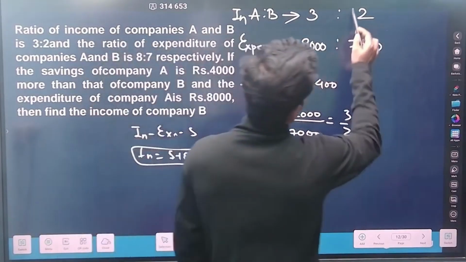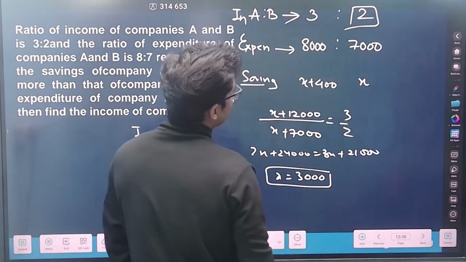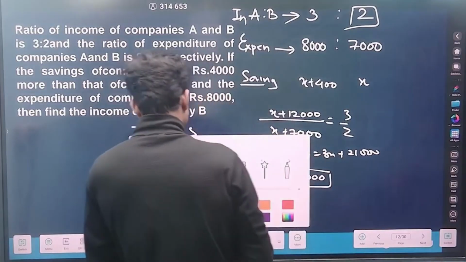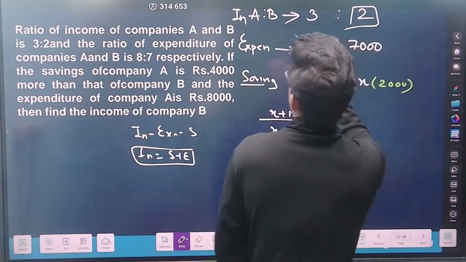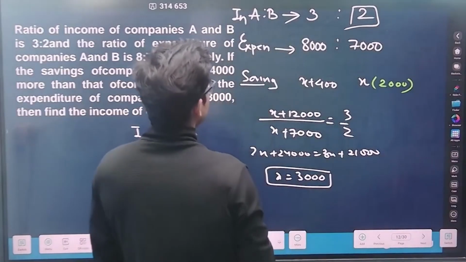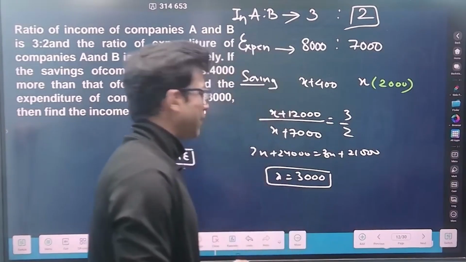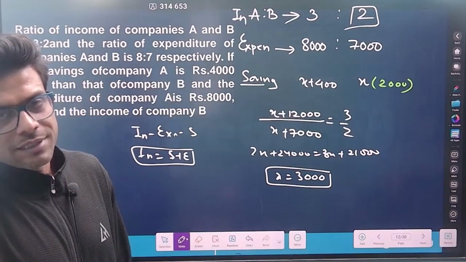B is basically 2, so 1 is 2x. Income is saving plus expenditure.